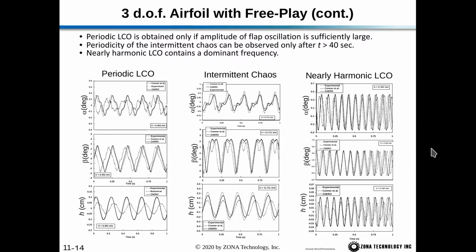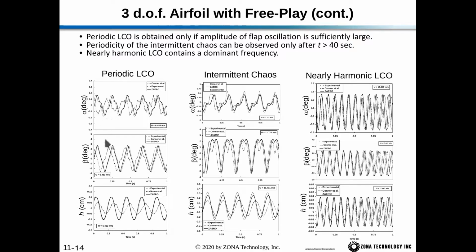And here are some time domain plots. The periodic LCO is obtained only if the amplitude of the flap oscillation is sufficiently large. This is our angle of attack, this is our beta, our flap angle, and then our plunge. The experimental data is the dashed line, and ZAERO is the solid line.